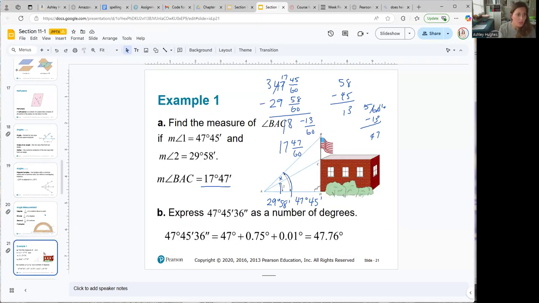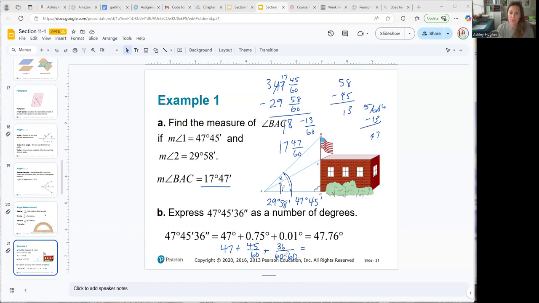So this is 47 degrees plus 45/60 degrees plus 36 out of 60 times 60 degrees. 60 times 60 is 3600. 36 divided by 60 divided by 60 is 0.01.